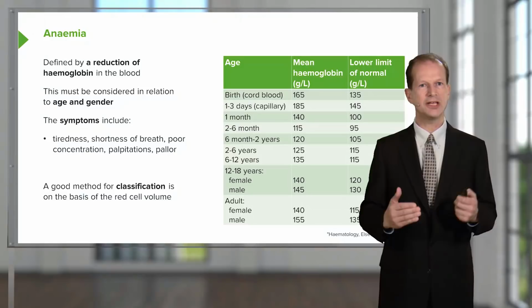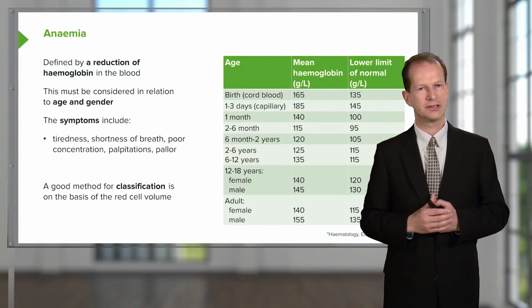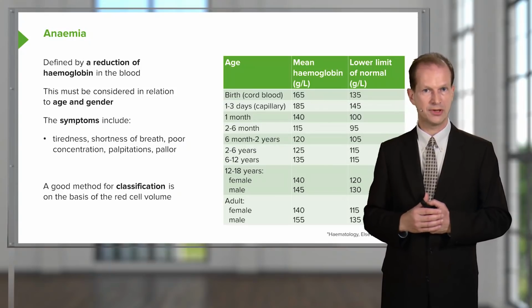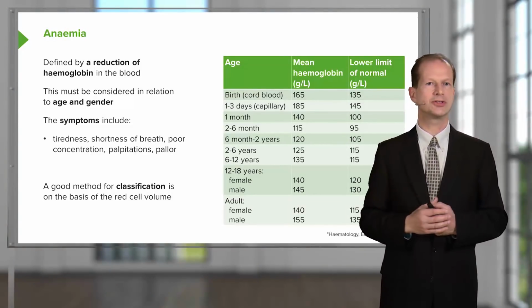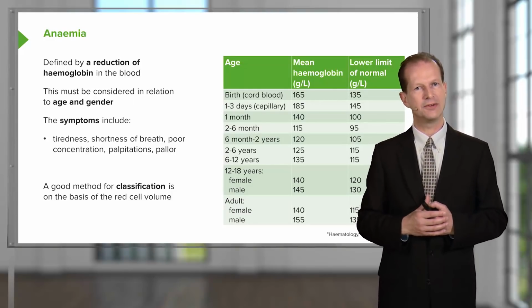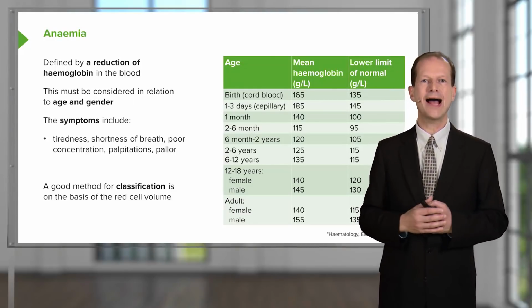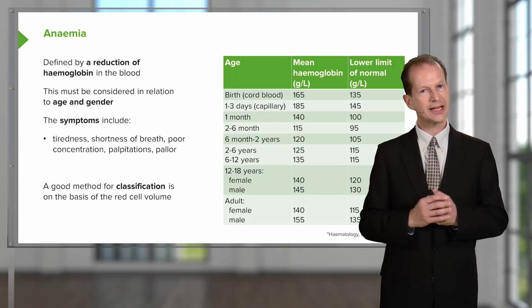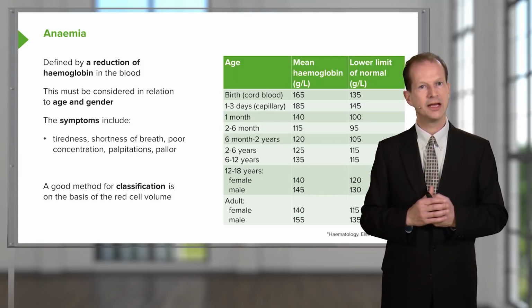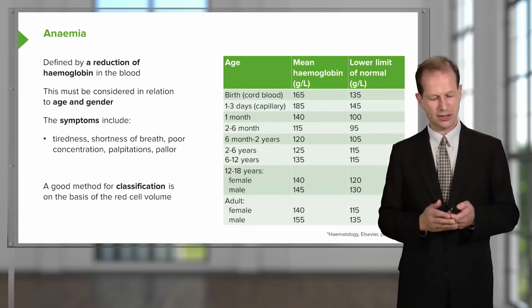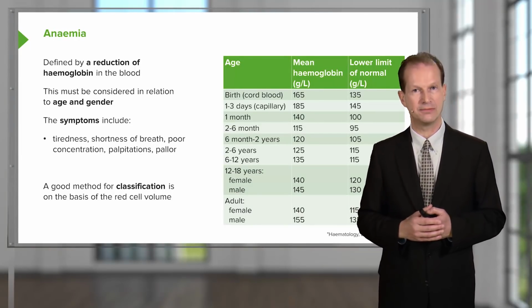Now, the symptoms of anemia include a range of things, including tiredness, shortness of breath, poor concentration, palpitations because the heart is beating fast and vigorously, and of course, pallor is a sign that somebody may be anemic. A good method for approaching the classification of anemia is through analysis of the red cell volume. So let's now take a look at that in a little more detail.